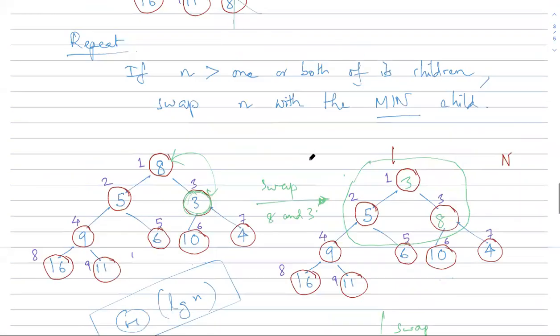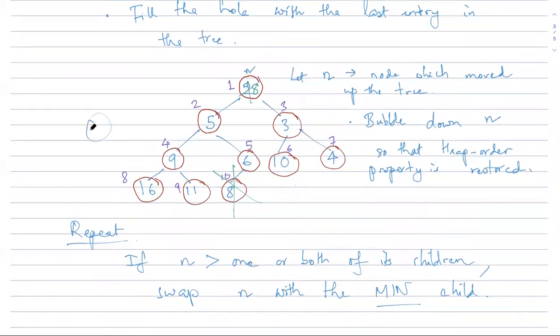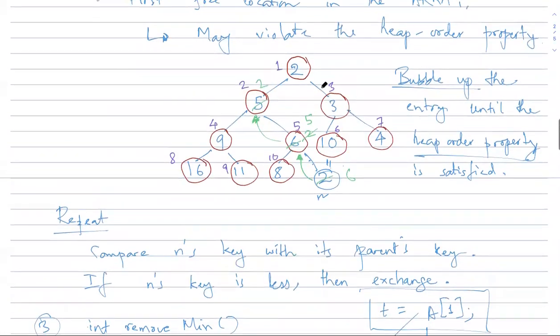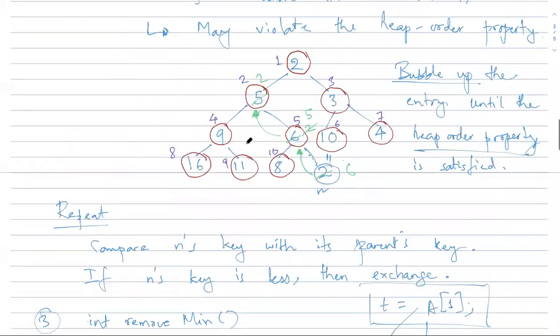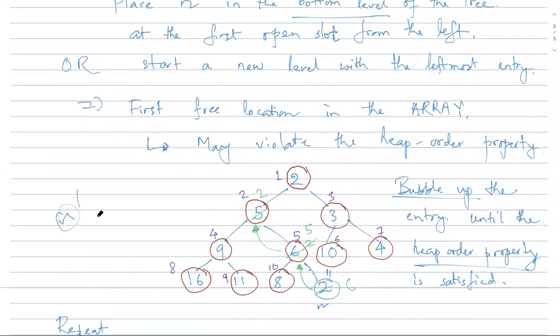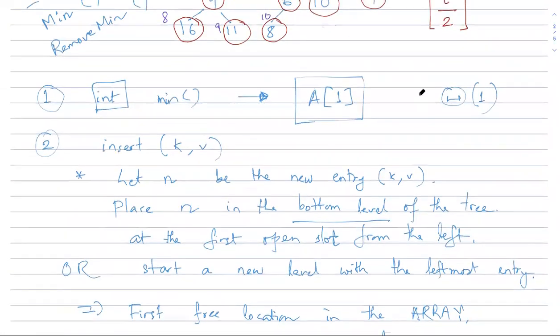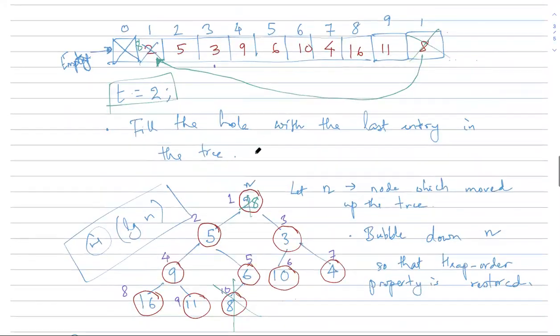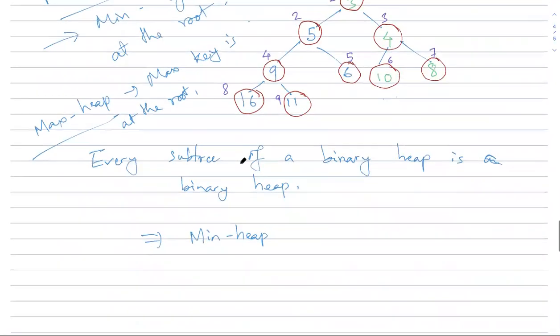So all of this has the worst case complexity of log of n. And so remove min is log of n. Insert is also log of n. But this is order of 1 because you're just fetching the root node.